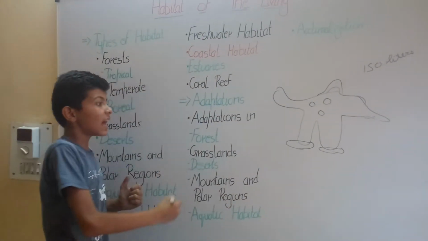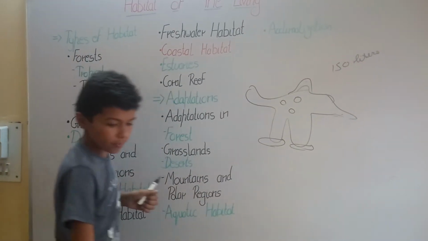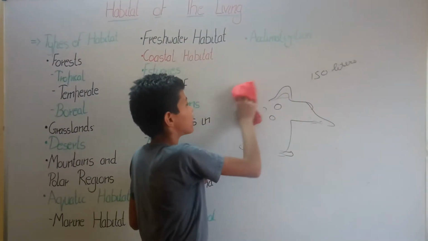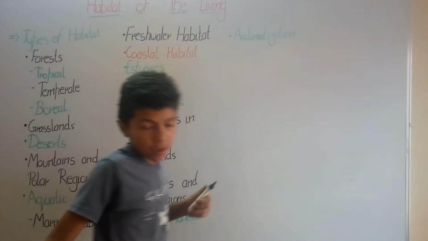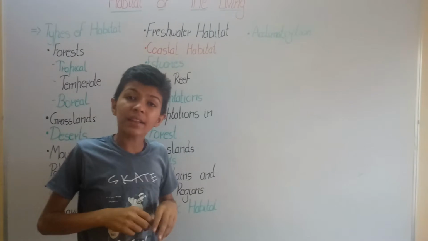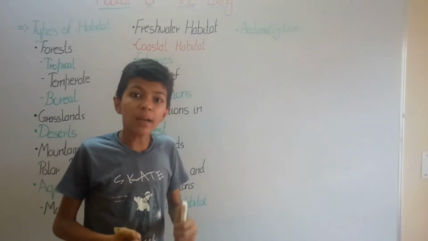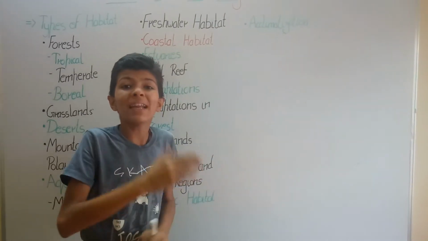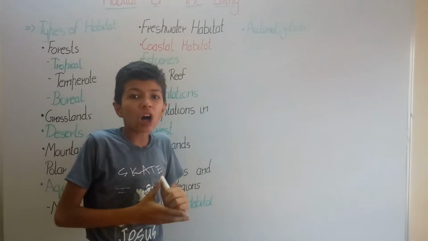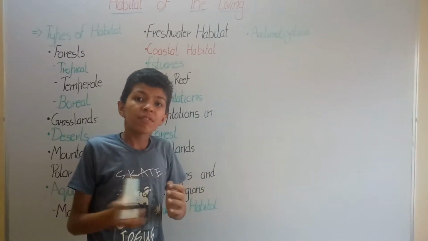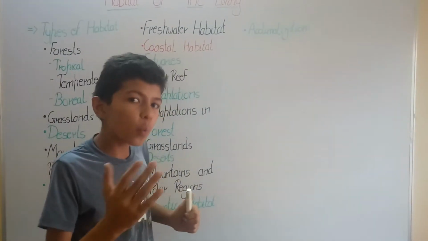Then we have the adaptations in mountain and polar regions. In mountains and polar regions, most plants are capable of growing in a layer of snow, and most of the plants grow beneath or beside any rock or mountain, because they have the advantage of not being uprooted by the strong winds.